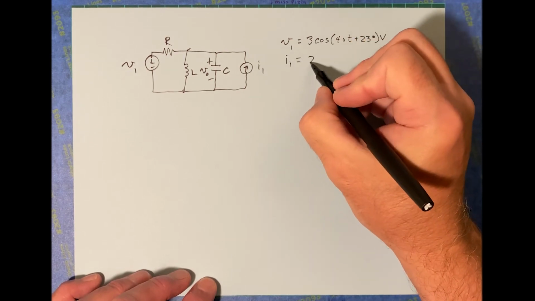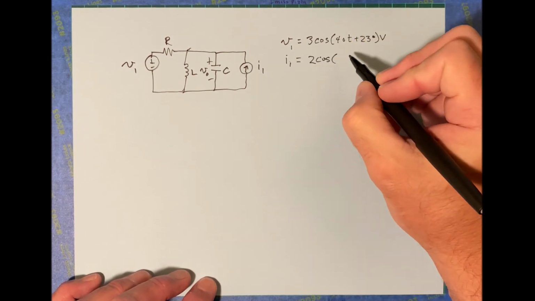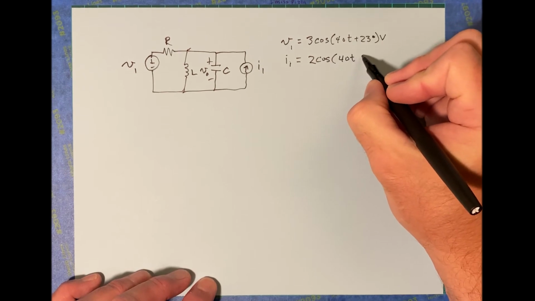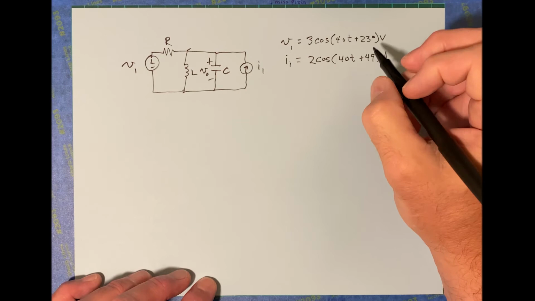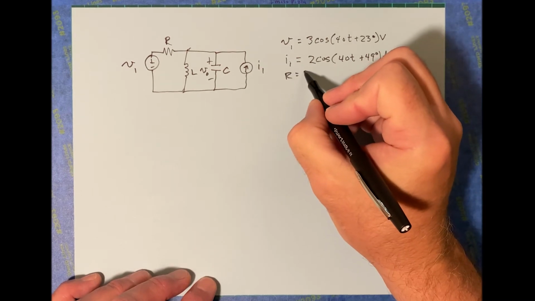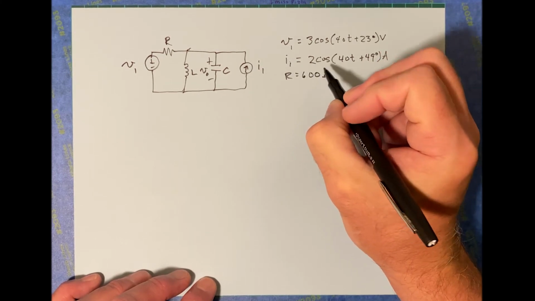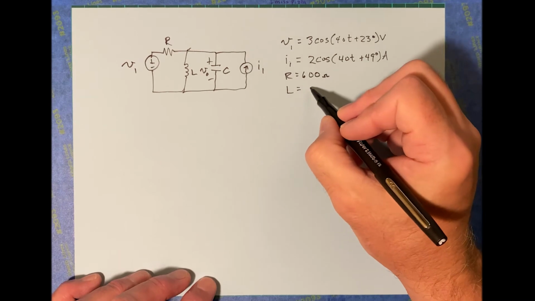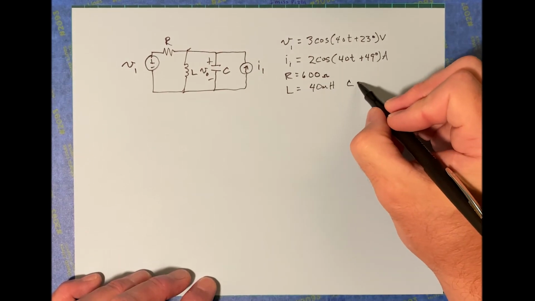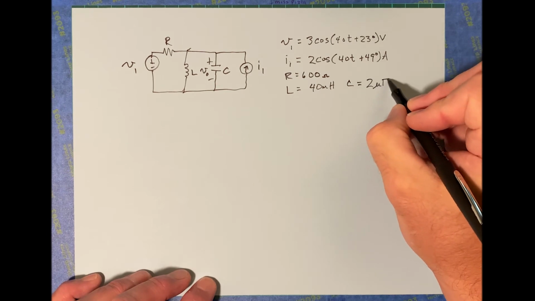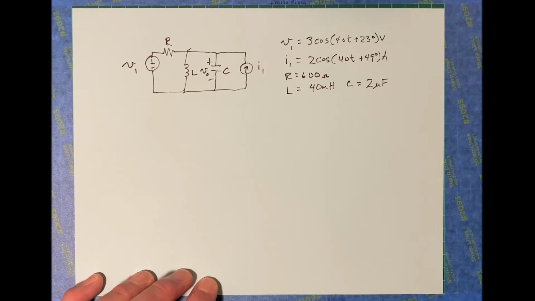I1 is 2 cosine(40t + 49 degrees) amps. Let's let R equal 600 ohms, L equals 40 millihenry, and C equals 2 microfarad, like that.